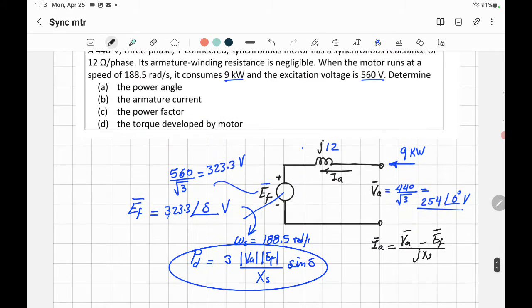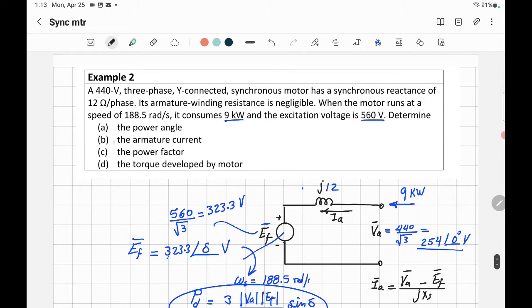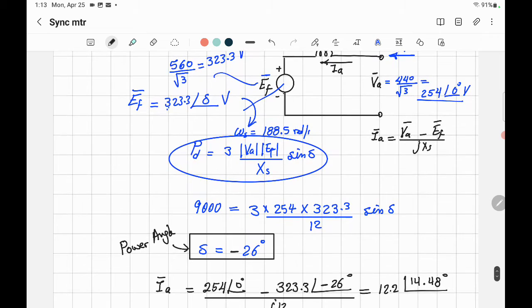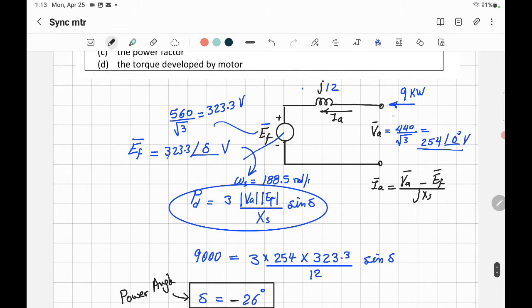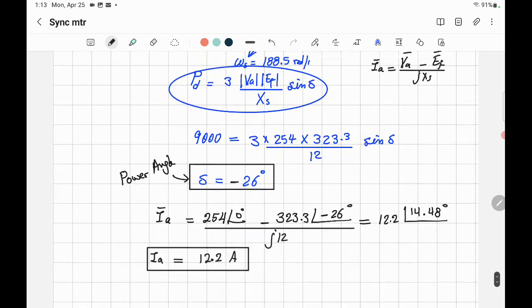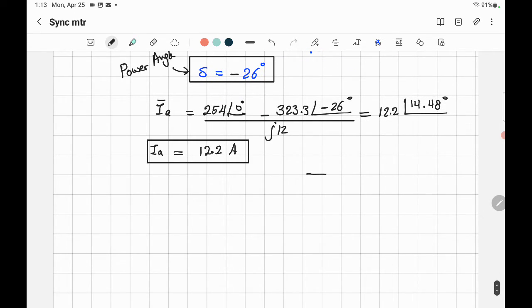All right. Now we did part B. Part C, the power factor. Okay, power factor is the cosine of the angle between the current and the voltage. VA is always at angle 0. So if you just sketch a phasor diagram, an easy one, that's VT at angle 0, and IA at 14.48, it's just leading, right? So that's IA, and the angle is equal to 14.48.